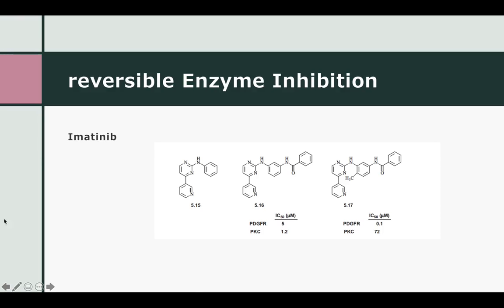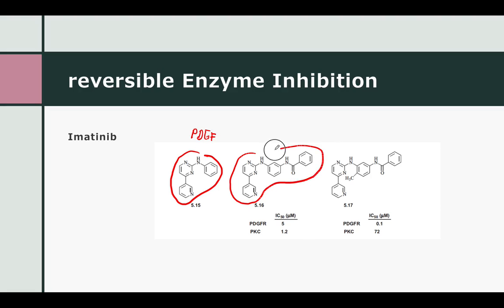The original structures that gave rise to imatinib were actually being studied to be inhibitors of platelet-derived growth factors. So these structures here were specifically designed to inhibit platelet-derived growth factors.